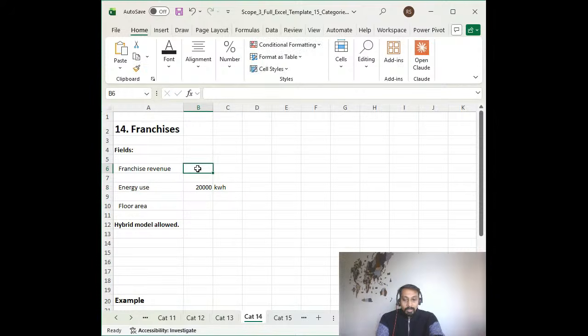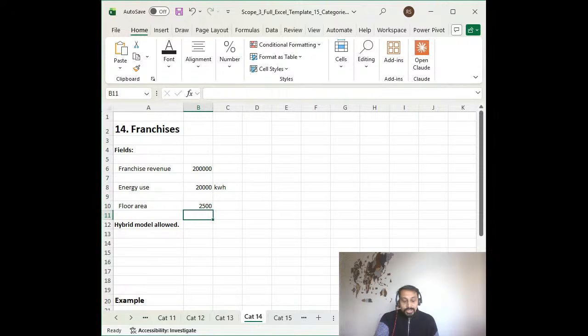Here the 200k pound sales, and area will be the 2500 floor area. So you can utilize the floor area, the energy use, and the spend methodology.